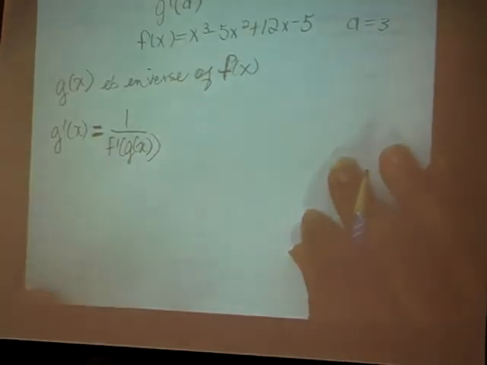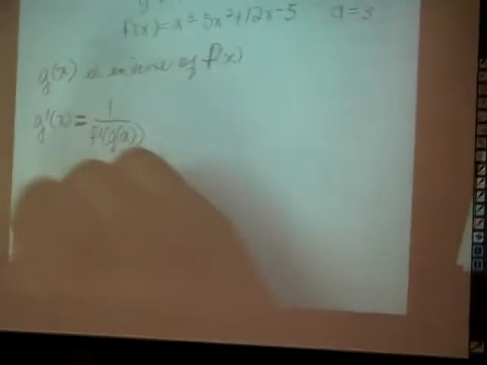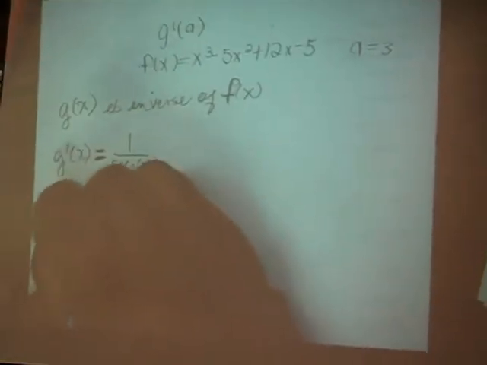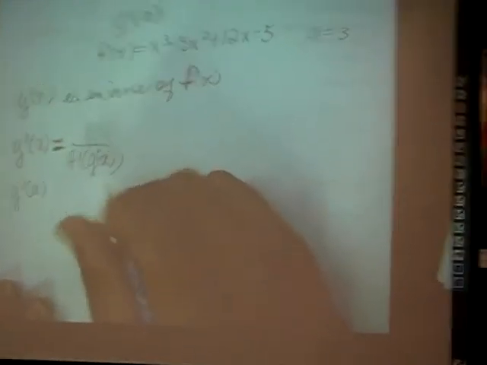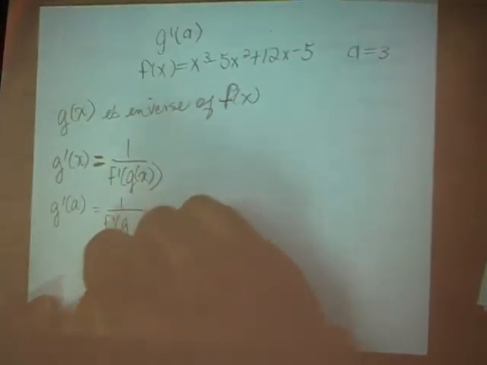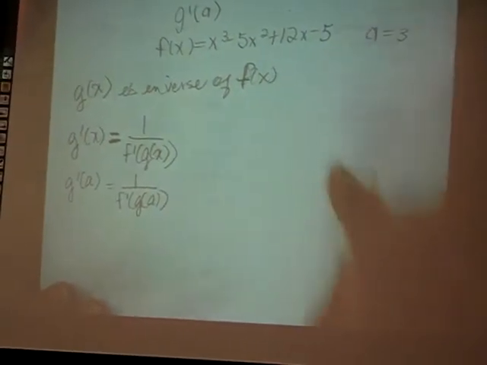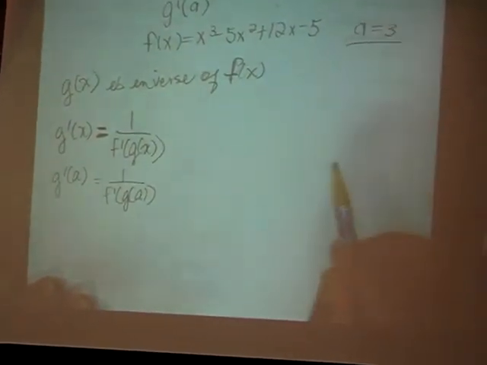Alright? So if I'm trying to find g prime of a, then I'm just plugging in a wherever I see an x. So that's g prime of a equals 1 over f prime of g of a. And as Jasmine said earlier, a is 3.